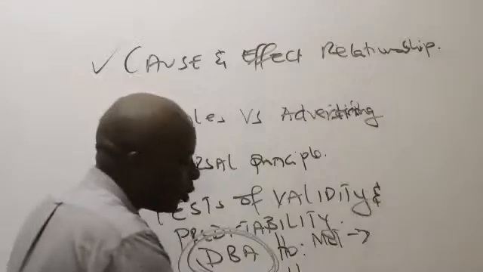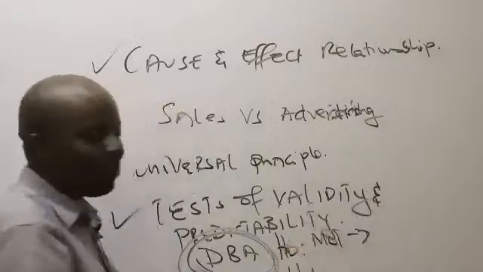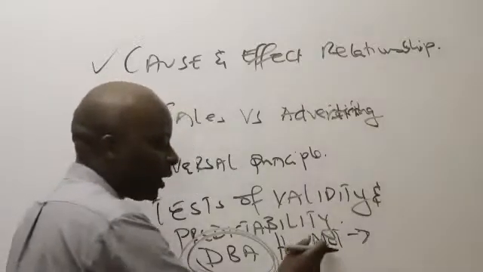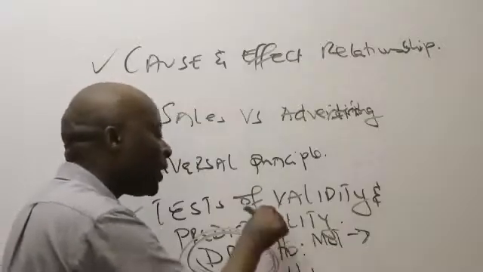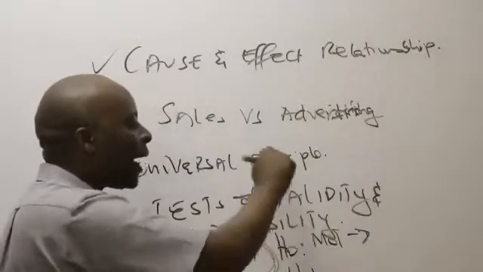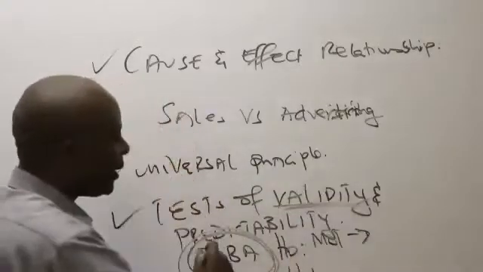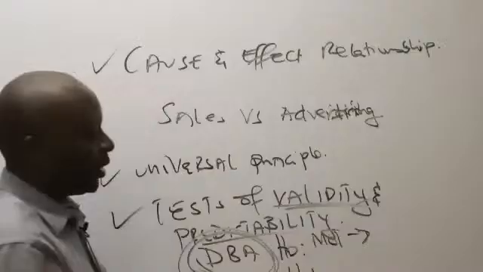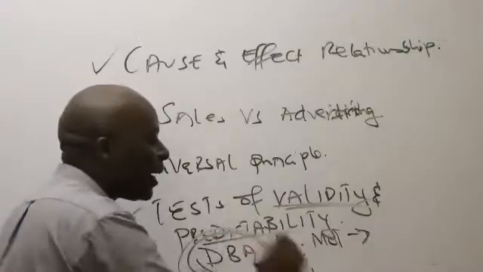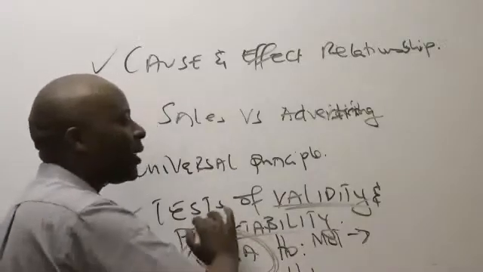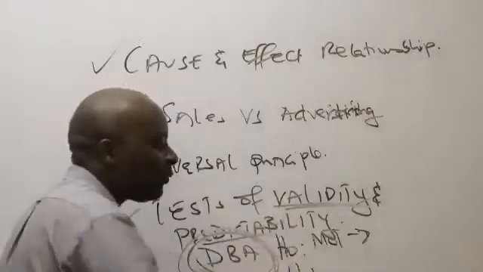And then we have the alternative hypothesis, which normally is the opposite of this. So we are able to test our management hypotheses, whether they are valid. We can easily predict using regression. This tells us that management is a science, something scientific.